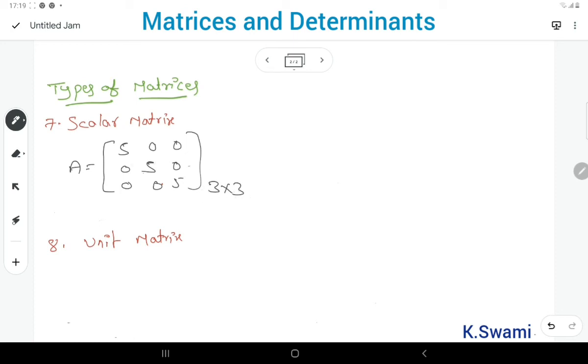So 3 rows, row 1, row 2, row 3, and 3 columns, column 1, column 2, column 3. Number of rows is equal to number of columns, so this is a square matrix. In this case, except the principal diagonal, all remaining elements are equal to 0. But the principal diagonal elements are all equal: 5 5 5. This type of matrices is called the scalar matrix.